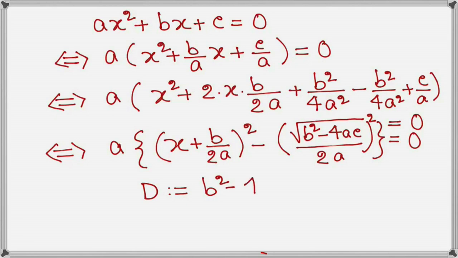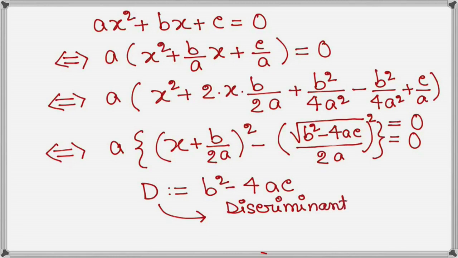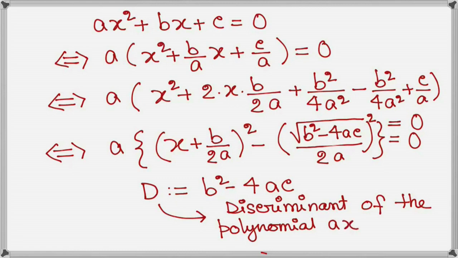and this has a name. It is generally called the discriminant of the polynomial ax² + bx + c.